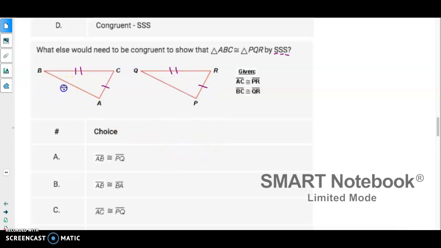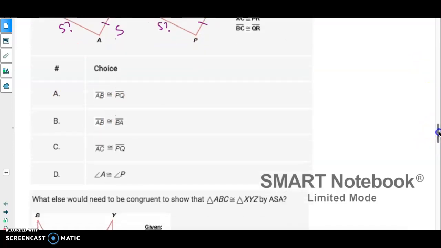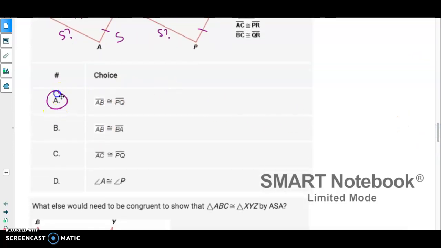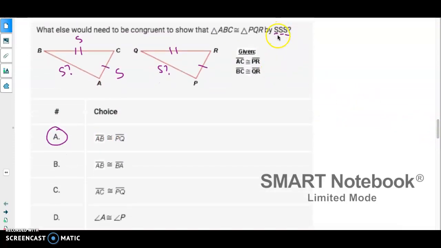So we would need to know this side here is congruent to this side here. So that's going to be AB congruent to PQ. AB is congruent to PQ. That would be our missing side, since it said it had to be side, side, side.